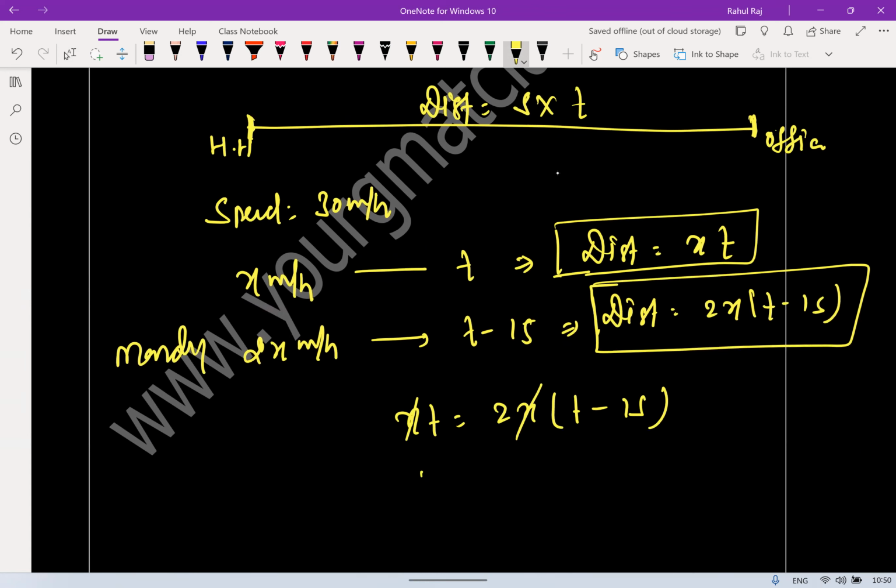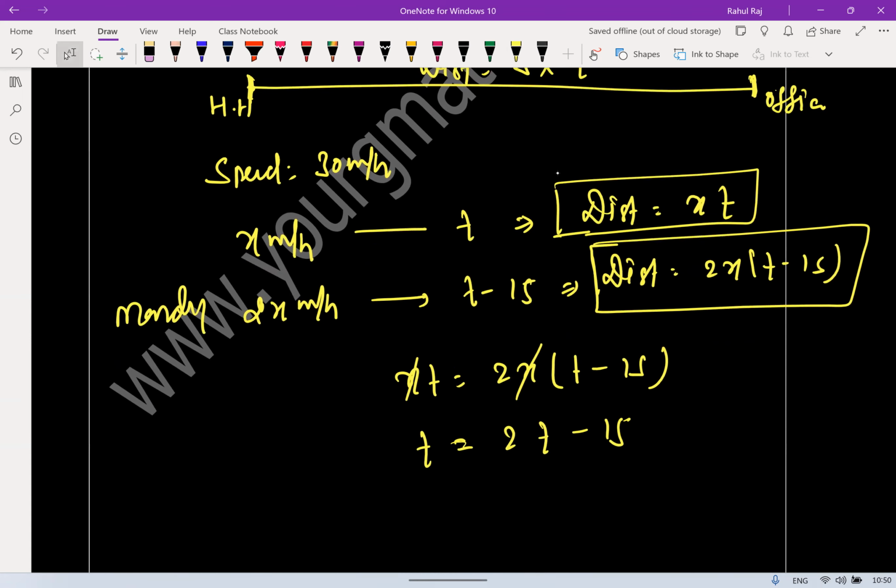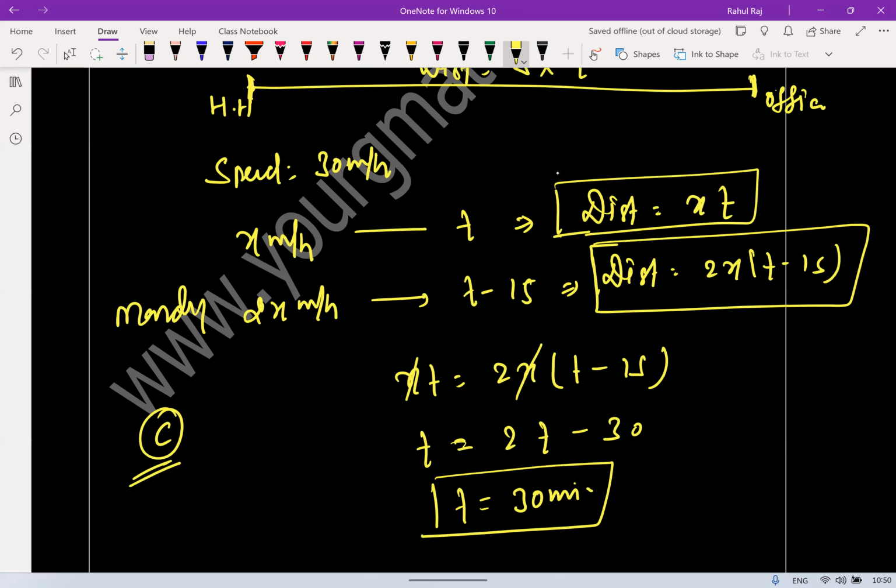So x cancels. t is equal to 2t minus 30, sorry, 2 into 15 is 30. So t is equal to 30 minutes. Option number 2 gives you time, option number 1 gives you speed. When you combine, you get distance equal to speed into time. So C is the answer.